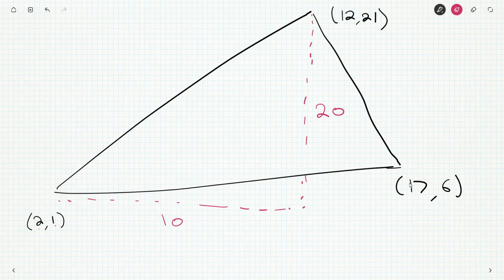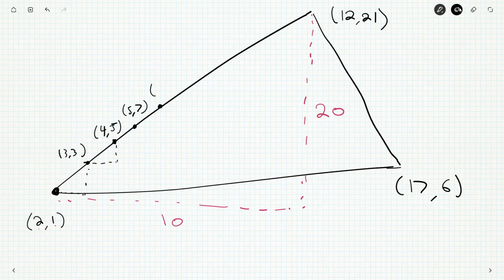So every time I go over 1, I go up by 2. From (2, 1), over by 1 and up by 2 gives (3, 3). Over by 1 and up by 2 gives (4, 5). Then (5, 7).